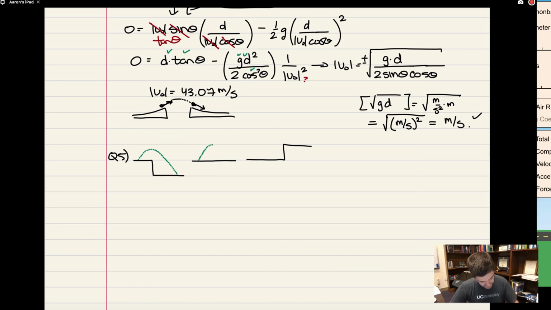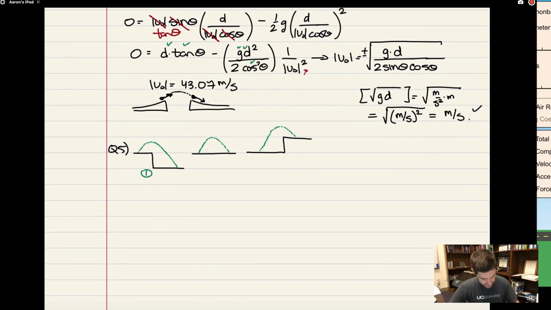In these 3 cases, it's always launched from the same height. But in these 3 cases, the ending height is different for all 3. For the first one, it lands lower than it started. For the second one, it lands at the same height it started. In this case, it lands at a height higher than when it started.